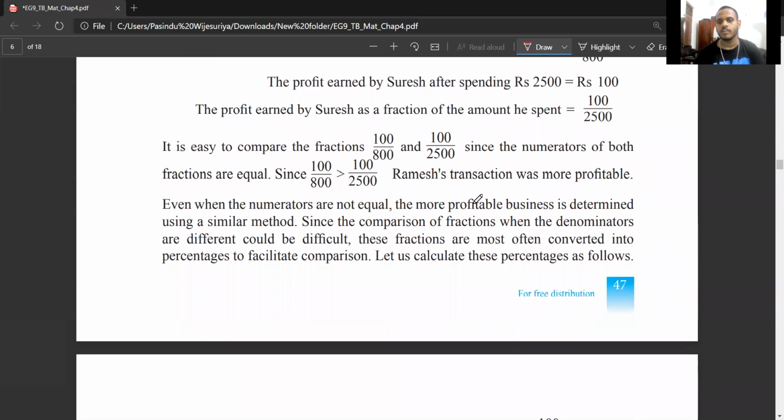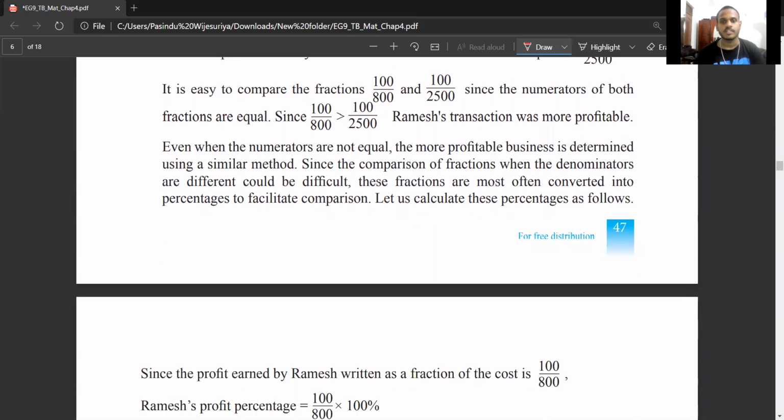Now if the numerator is not equal, the more profitable one is determined using a similar method. Since comparing fractions with different denominators could be difficult, these fractions are converted into percentages to facilitate the comparison. If you're really good at maths, you can see which one is higher, but it's a bit difficult.